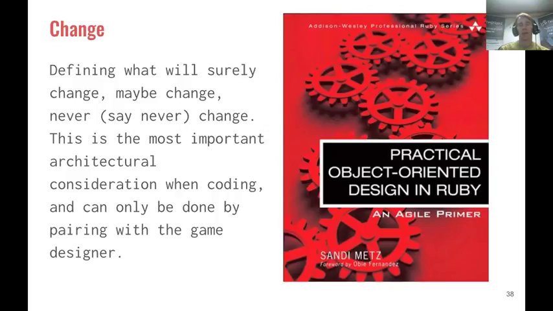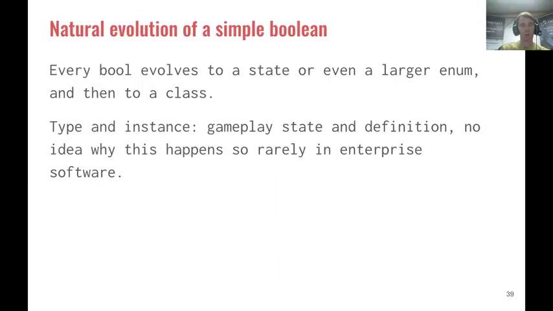Sometimes duplicated code can be easier to change than non-duplicated code, which has lots of dependencies and intricacies. So I really advise you to read this beautiful book, which is not linked to Ruby at all as a programming language, Practical Object-Oriented Design in Ruby by Sandy Metz. It's a really beautiful book. And also to watch the video about clean code that I will refer to in a little while.